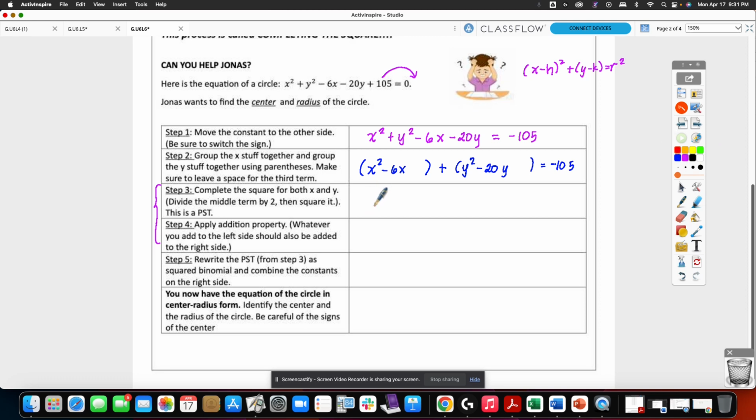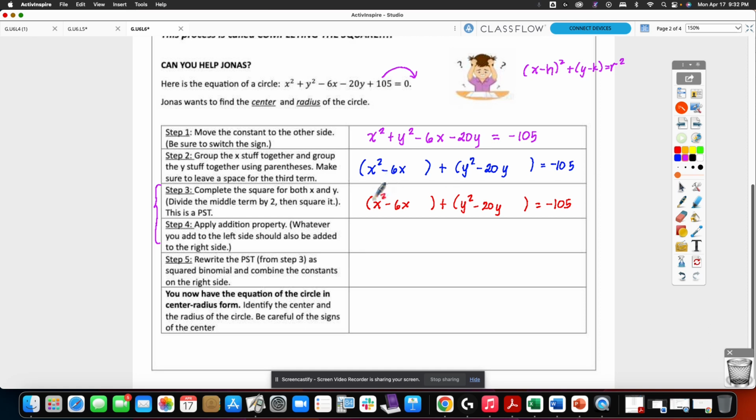Okay, so we have here x squared. Let me just rewrite what we have for step number 2. Y squared minus 20y is equal to negative 105. So we will complete the square here.